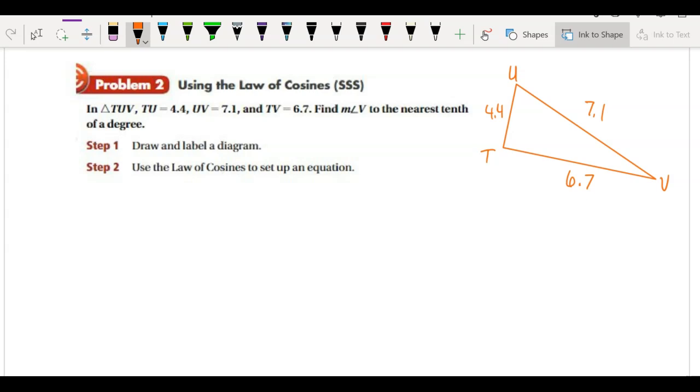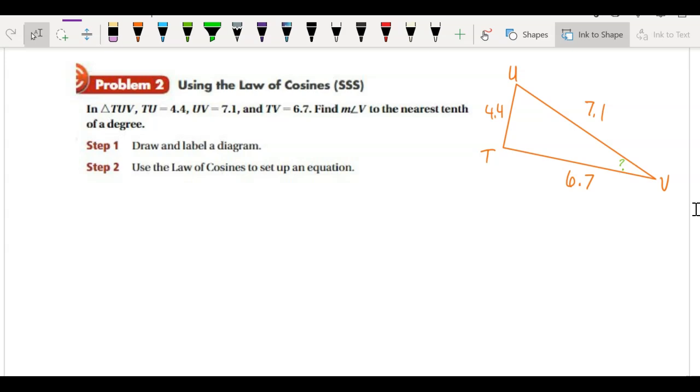Just be aware, just because it looks like a right triangle doesn't mean it is. We are looking for angle V. So I have 4.4 at UT, 7.1 for UV, and 6.7 for TV.